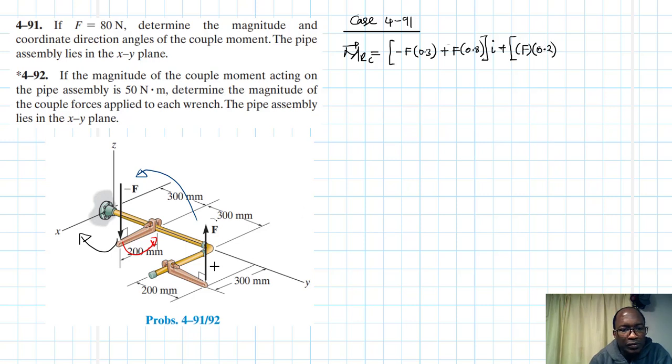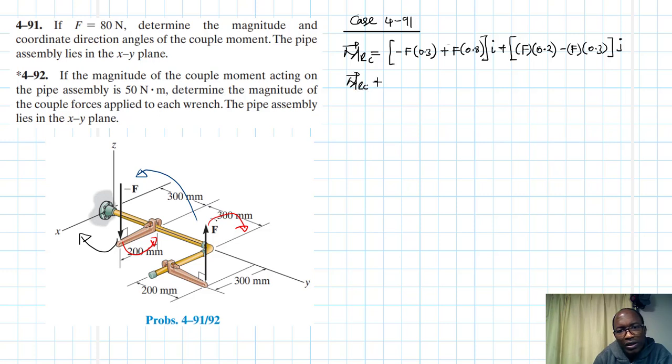And then this other one along the y-axis is going to have a negative. So this will be minus F by lever arm, which is 0.3, j component.